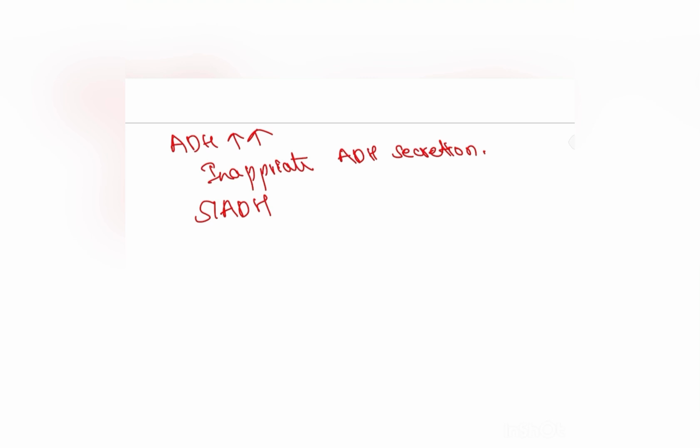Now coming to the most important part, that is SIADH. In SIADH, ADH is high, but it is secreted inappropriate to the osmolality. There are 5 criteria to diagnose SIADH. The most important criteria is decreased serum osmolality, increased urinary osmolality.